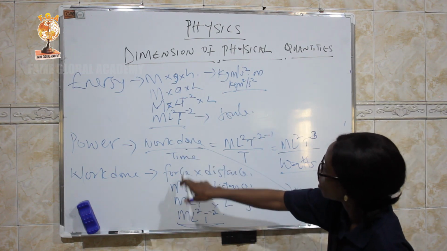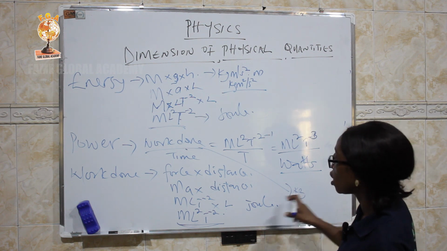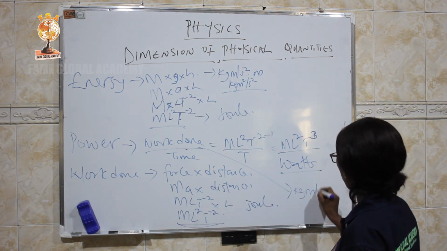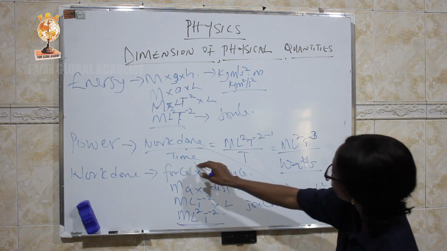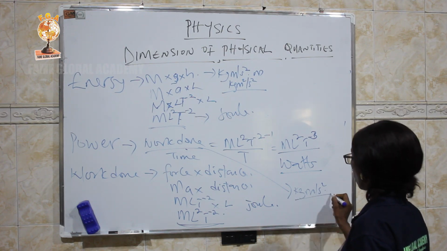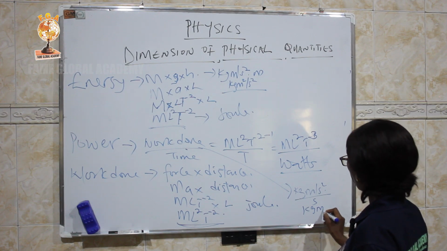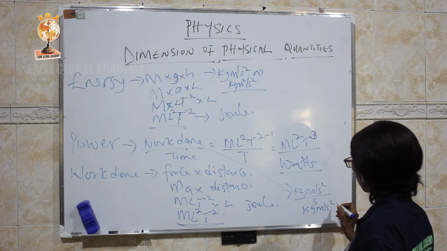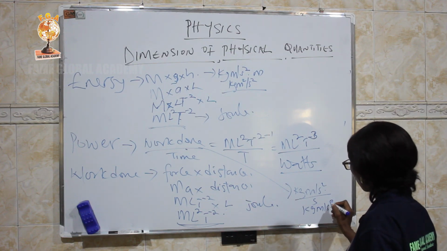Work done is MA times distance. M is kg, A is meter per second square, times meter, over seconds. So this becomes kg meter per second square. Another s going up, it becomes 3, meter cube.